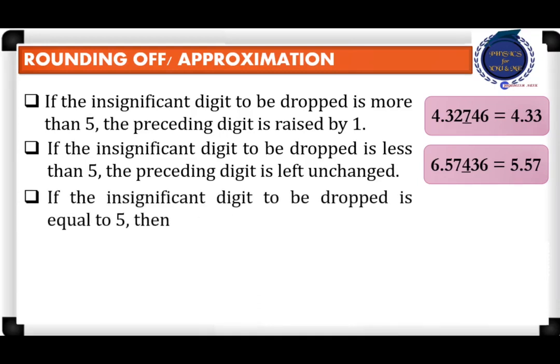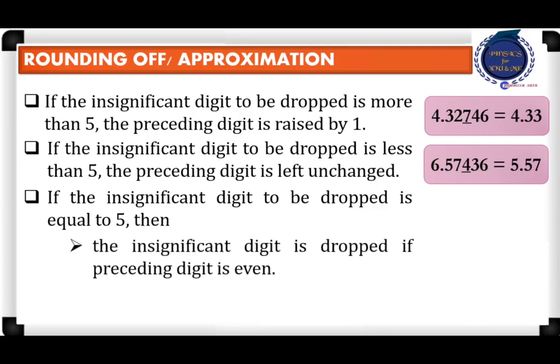If the insignificant digit to be dropped is equal to 5, then what happens? There are 2 subrules. The first one is the insignificant digit is dropped if the preceding digit is even. Look at the example. The digit to be dropped is equal to 5. We are looking at the preceding digit, which is equal to 2. When it is even, it is retained as it is.